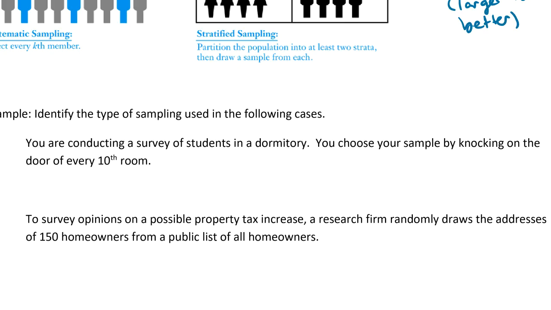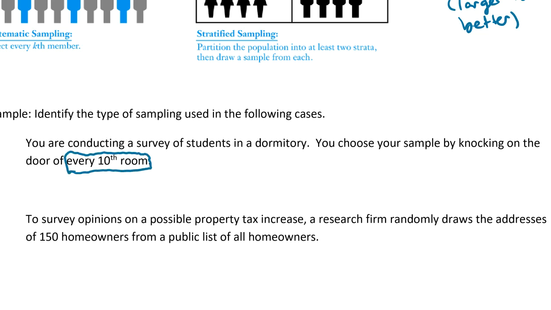So let's look at a couple examples and just say what type of sampling was used in these cases. So first one, you're conducting a survey of students in a dorm. You choose your sample by knocking on the door of every 10th room. All right, so the key here is the every 10th room part.